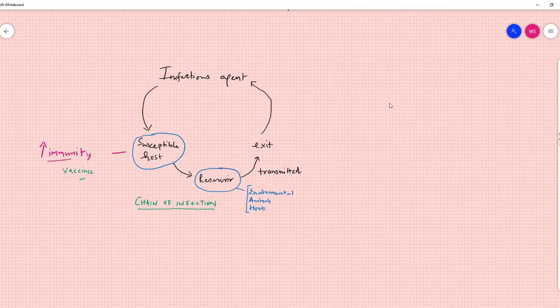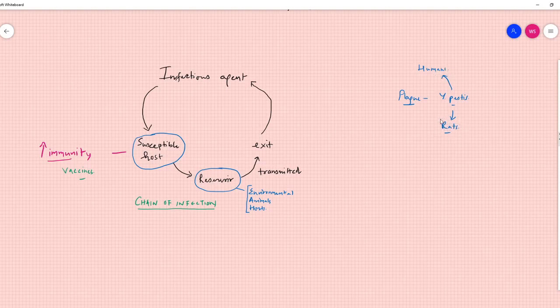Let's take an example. Suppose there is plague. What is the causative agent? Yes, Yersinia pestis. It's transmitted by rats and rodents. So these rats are the reservoir for plague, and humans become the host.